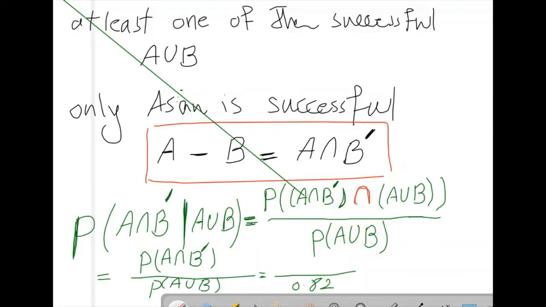So when A and B are independent, A and B prime are also independent. So we can write the probability of A intersection B prime is the probability of A times probability of B prime. So it is 0.4, and B prime was 1 minus B is 1 minus 0.7 is 0.3, and the result is 0.146.